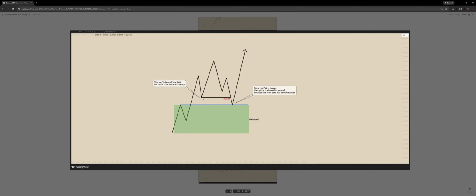Here this low becomes liquidity, so now as we chop up in here, engineer liquidity, once we come down here, we are inside of this order block, inside of this mitigation block, inside of this breaker block, inside of the fair value gap, delivering fair value, and we're also sweeping liquidity, all three at the same time. And you can even stack SMT at this swing point for even further added confluence.